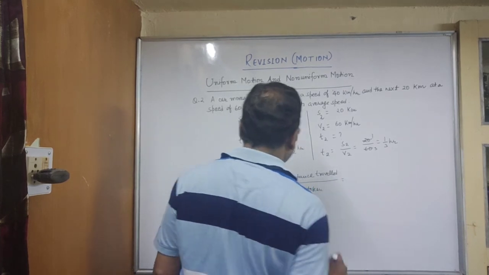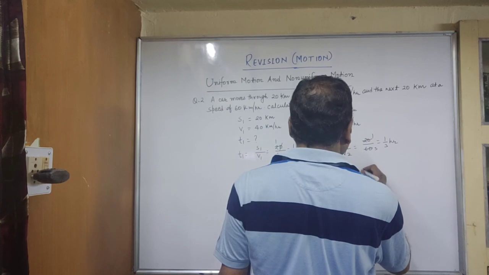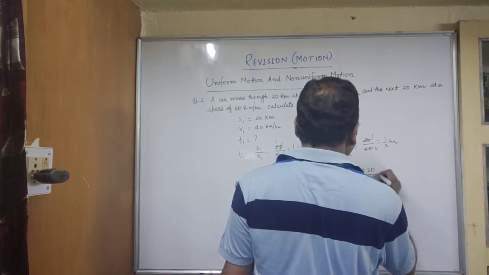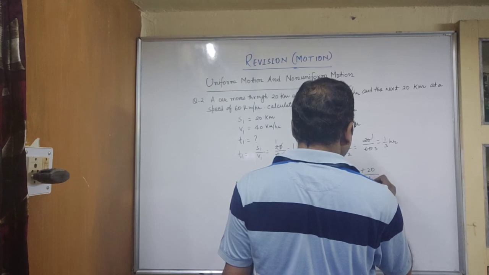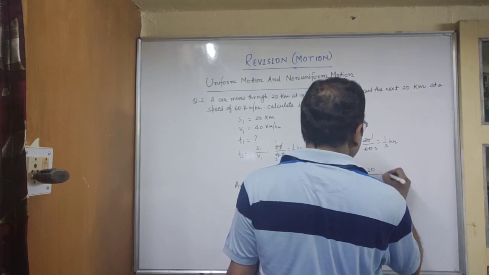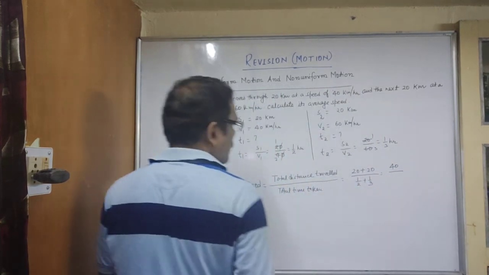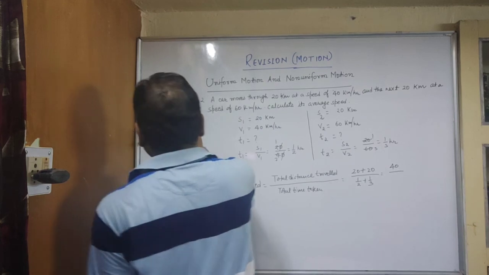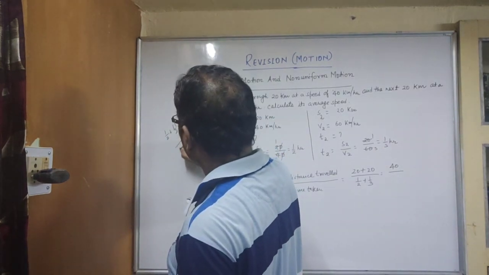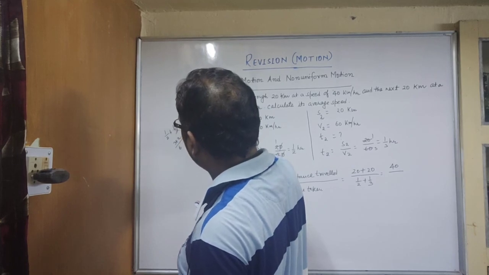So total distance traveled is simply 20 plus 20, and total time is half plus 1 by 3. So it will be 40, and if you add these two fractions, half and 1 by 3, LCM 6, 3, 2, so 5 by 6.